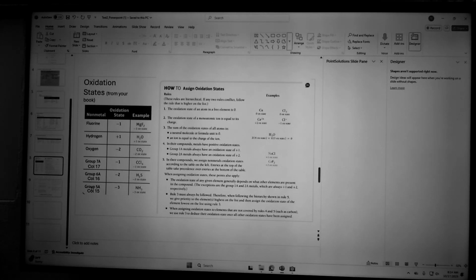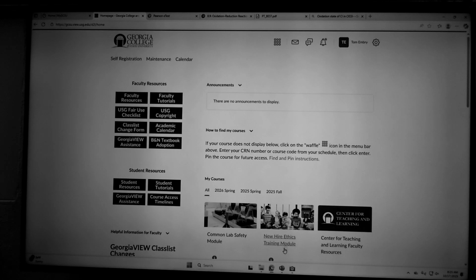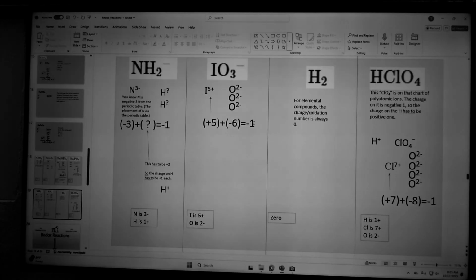What it's calling group 5, the K here, is column 15 for us. So I put the column 15 there. If you have phosphorus, if you have arsenic, you follow that same rule. I think y'all can do these.